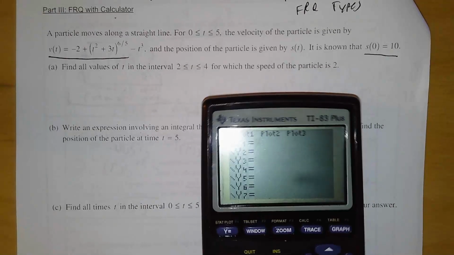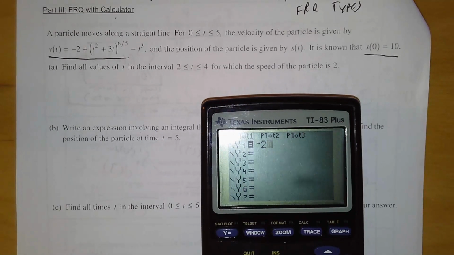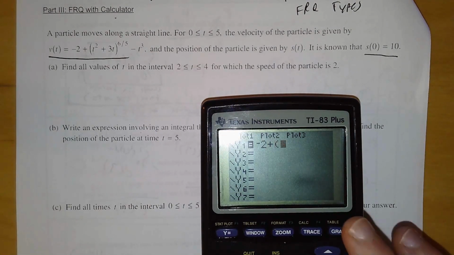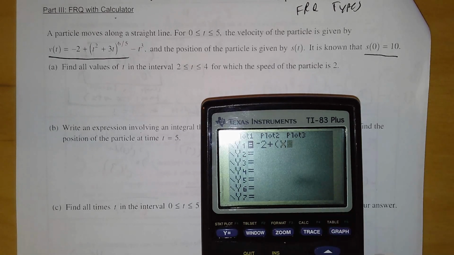All right, you're in the calculator portion. Go ahead, put that in. So it's going to be -2 plus x squared plus 3x in parentheses. Just make sure you copy it exactly as it looks, and then to the power of. This is important, guys. When you do fractional exponents, this right here is not correct.